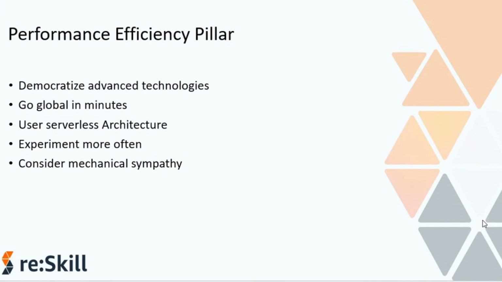Always try to go global in minutes. What this means is AWS has 25 plus regions, and every region gives you the flexibility to launch your resources in the AWS region which is nearer to your user, so that you can get better latency.